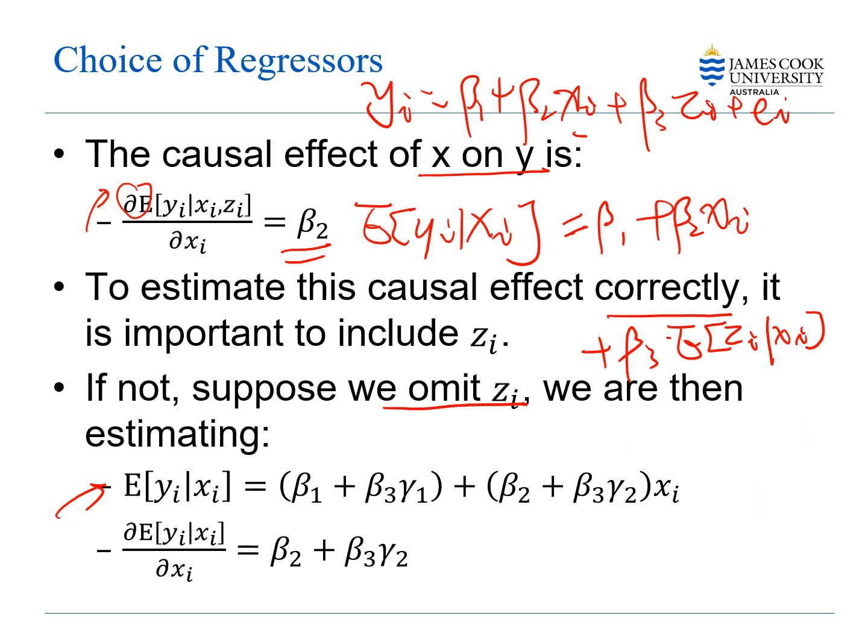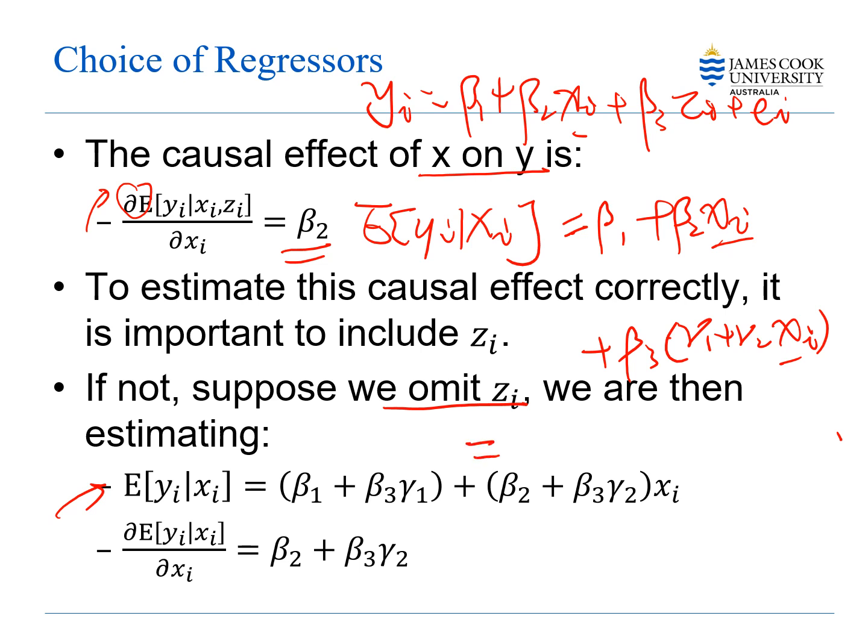And we know that the expected value of zi conditional on xi is equal to gamma 1 plus gamma 2 xi, so that xi can predict zi, or xi is correlated with zi. So let's plug this in. We have beta 3 times gamma 1 plus gamma 2 xi. So we have xi here, and we have two constant terms.